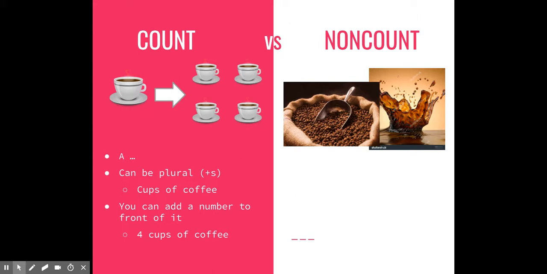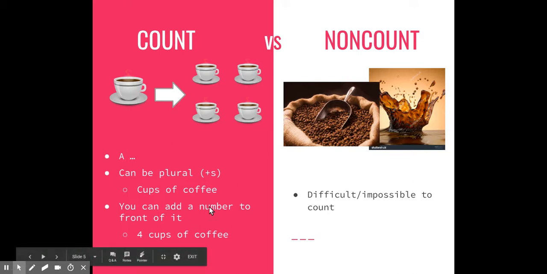But when we get so much of something, right, we use other words like bags of coffee, right? How many bags? 5 bags of coffee, 5 scoops of coffee, right? So if it's too difficult or impossible to count, we know it's a non-count. If you can't do this, it's a non-count.